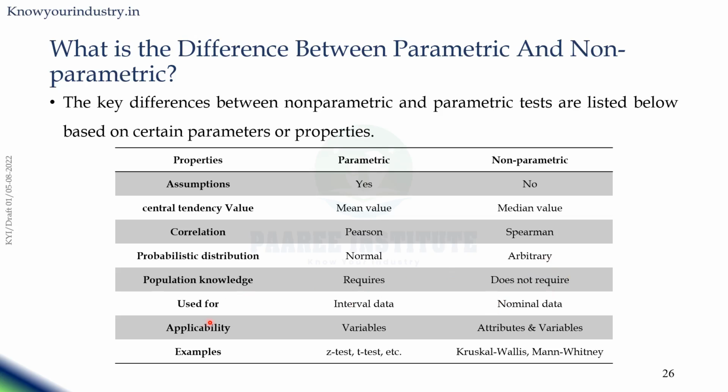The analysis is used for interval data, and in case of non-parametric it is nominal data. The applicability of this test is for the variables in case of parametric, and in case of non-parametric, it is attributes as well as variables. Examples we have seen in the previous slide, like t-test, etc. for the parametric, and in case of non-parametric, Mann-Whitney test, Wilcoxon test, all those things come under the non-parametric analysis.